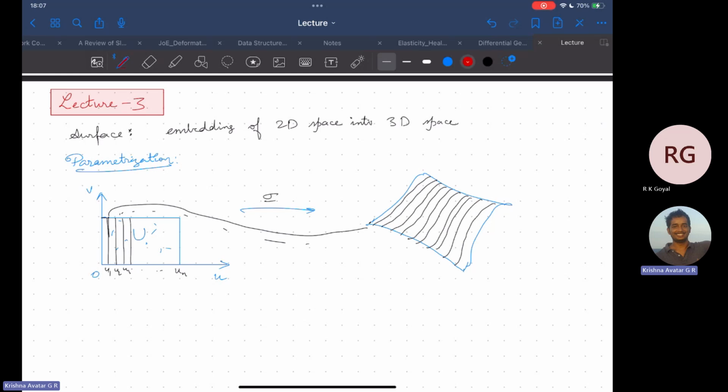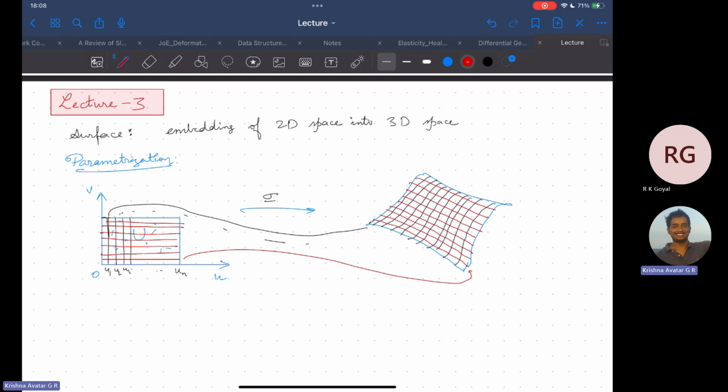Now for the other part, you have V is equal to constant, and these are all constant lines, and they will all be mapped to, say, here. In the limiting case, as n tends to infinity, this discrete set will become a continuous set, right?